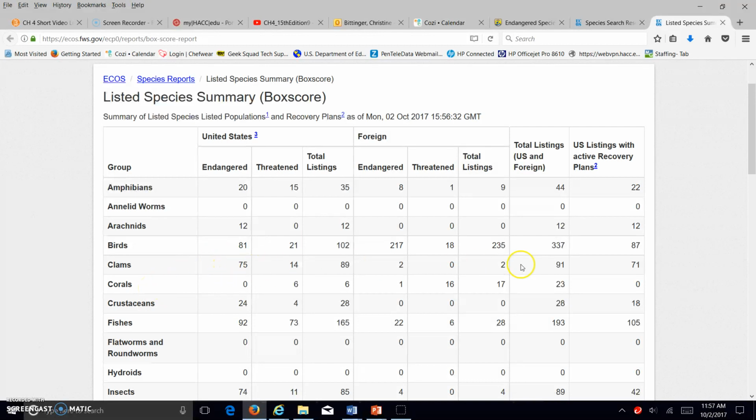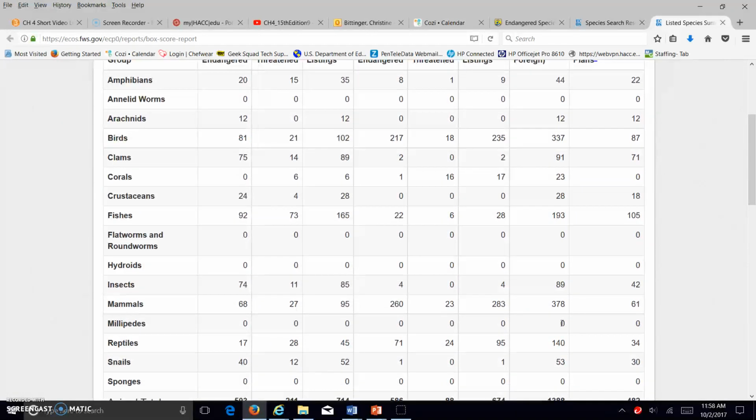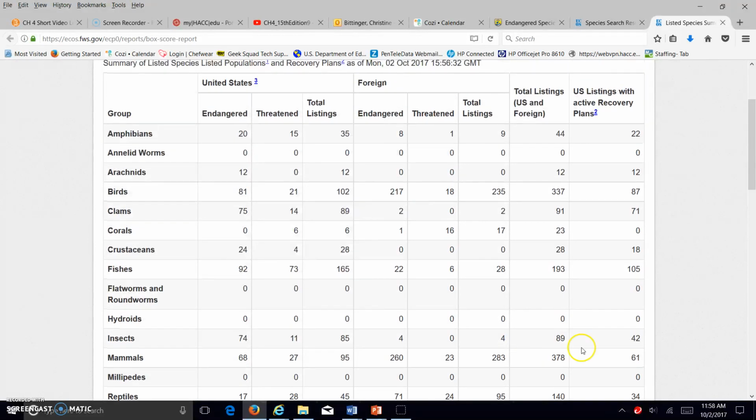In terms of clams, it looks like we have a total of 91 species throughout the world that are considered threatened and endangered, and fish, there are 193 species. So as we go down this list, mammals is at 378 species, so it appears that we have more mammals around the world as being threatened and endangered than we do birds, fish, and amphibians.